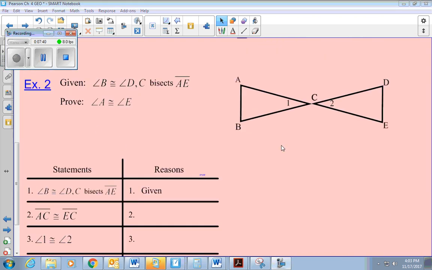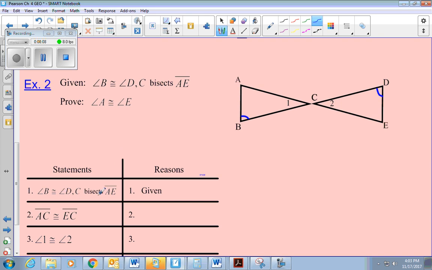I like this next one because it does a really good job of showing vertical angles. And that's a spoiler alert. So let's look at what information we're given. We are given that angle B is congruent to angle D. Let's go ahead and mark that on our diagram.